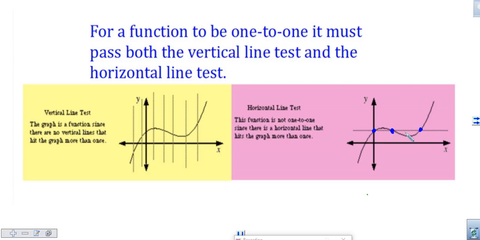But just like on your homework, you guys asked me, what does this y greater than 0 thing mean, and things like that. So what that means is there are certain spots that we can limit the graph to where the function will be 1 to 1. Okay?